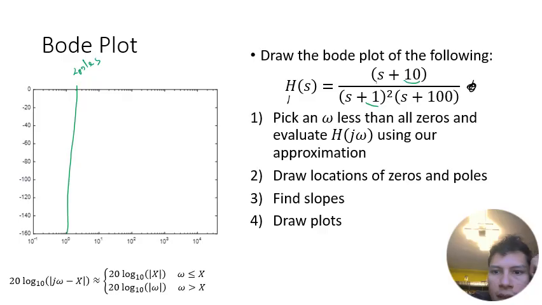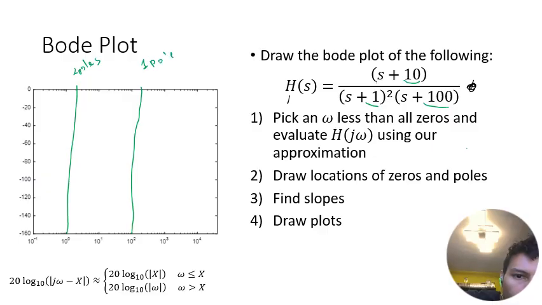poles, and then at 100, I have 1 pole, and then I have a 1, 0.